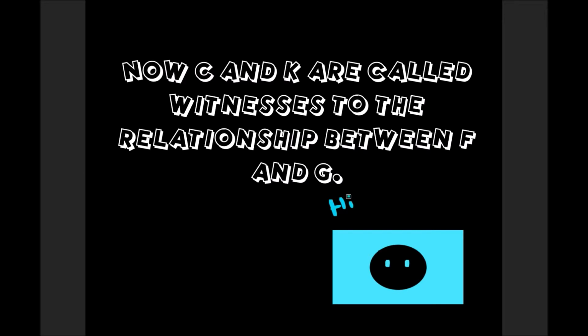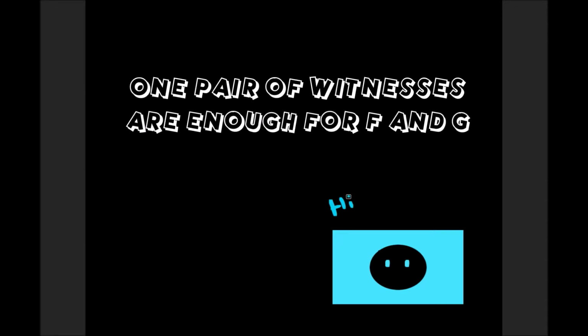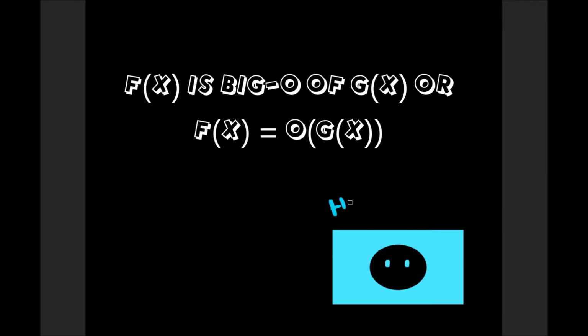Now, c and k are called witnesses to the relationship between f and g. One pair of witnesses is enough for f and g. Do note that you often find this written as f of x is big O of g of x, or f of x is equal to the big O of g of x.